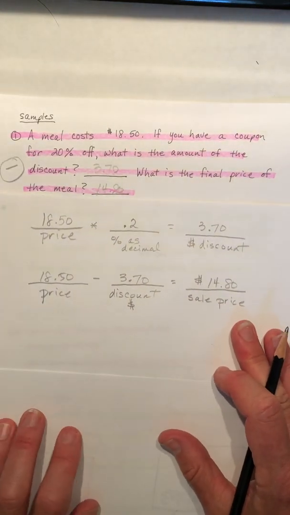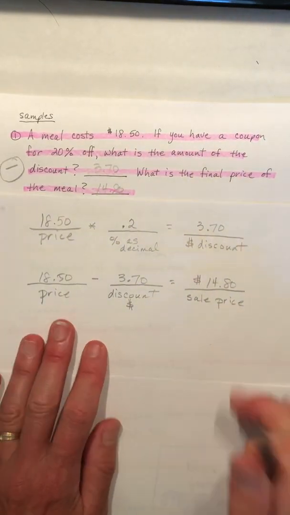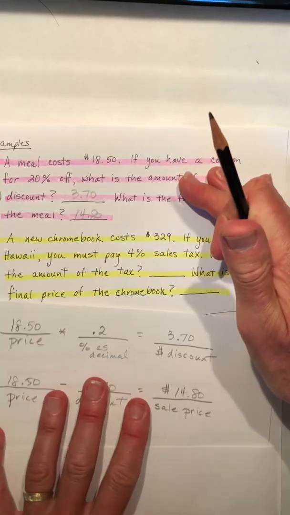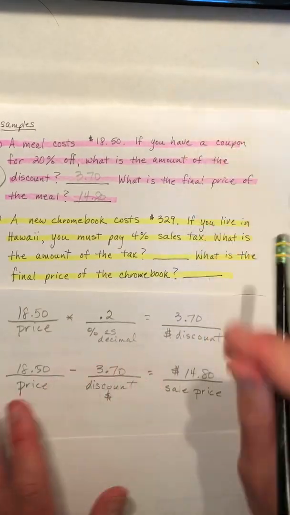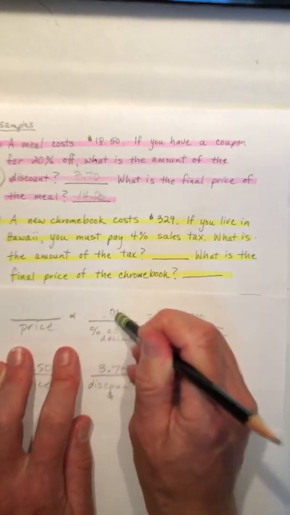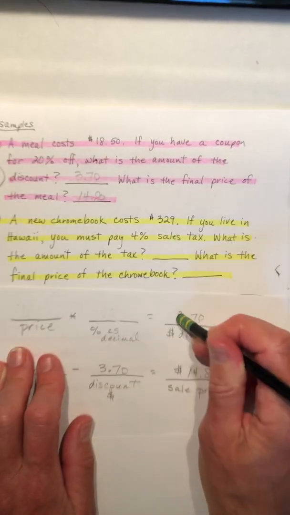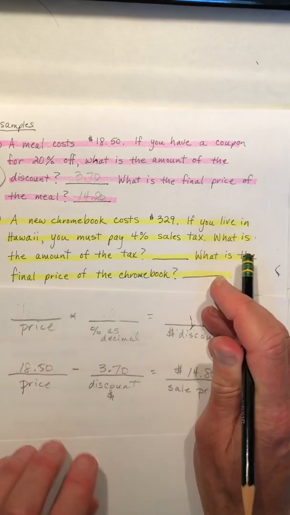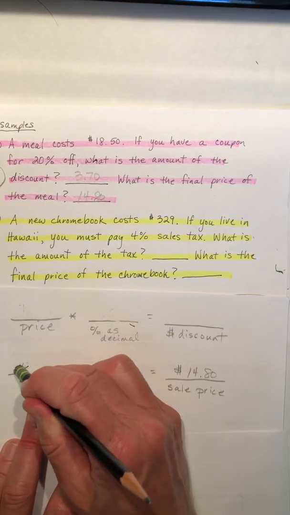Now I want to show you something, because we're going to work on a tax problem next. I'm going to erase my numbers from here, and I want to show you something about this template that I have been setting up for us.